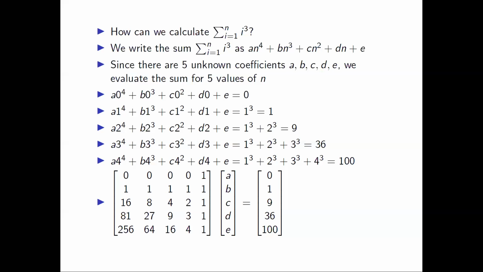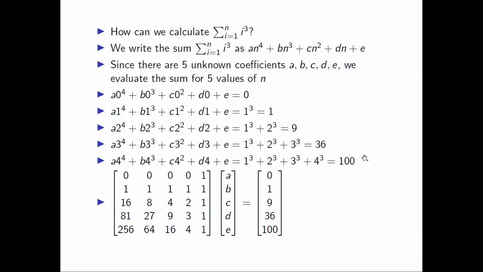That column vector is 0, 1, 9, 36, 100. We got that from taking the right sides of all of the equations in our 5x5 system of equations. On the left side of our matrix equation, we have a 5x5 matrix. Each of its rows is obtained by using one of our equations from above. The first row is from the first equation.